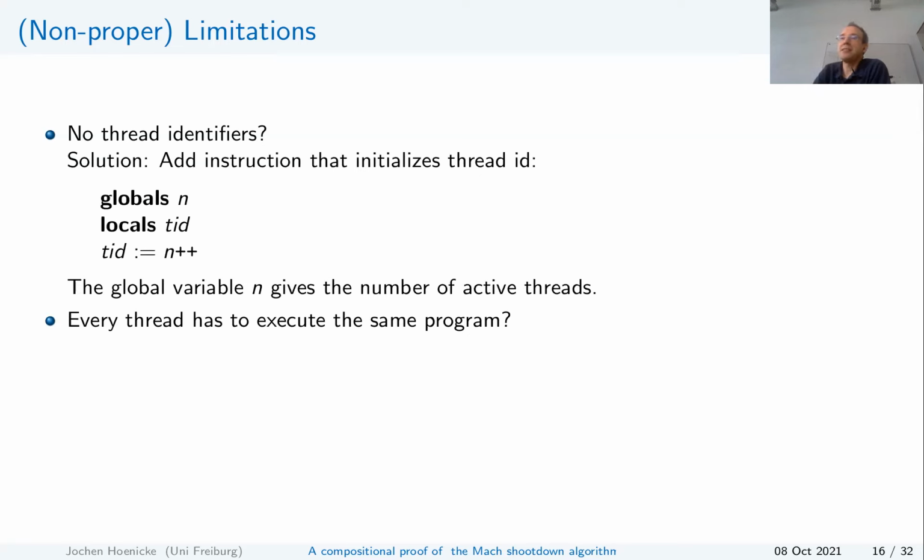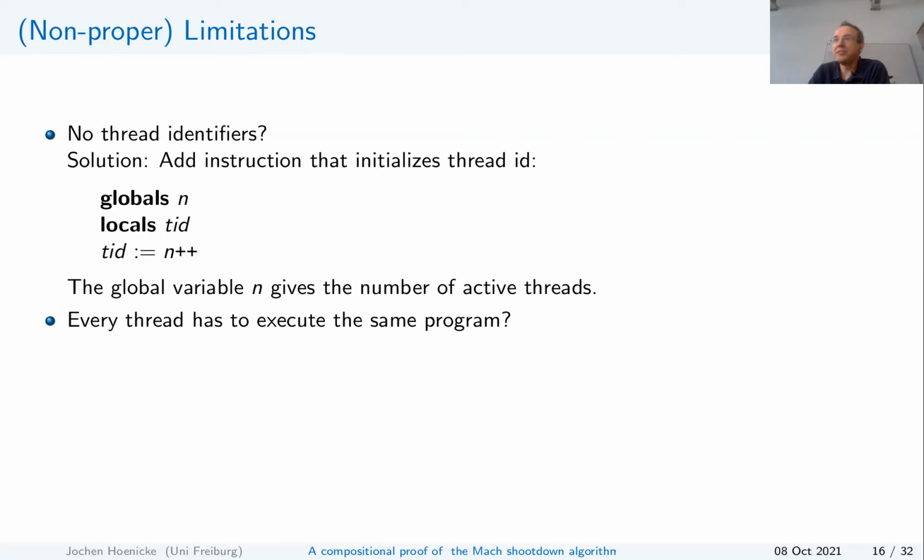If we want thread identifiers, we can just add them as local variables. So we introduce a global variable n and a local variable tid. Then the first instruction in our thread template is the one that we already know from the ticket algorithm. Every thread takes a ticket, it chooses an ID, sets its ID to n and atomically increases n. By this, every thread now has a thread ID.